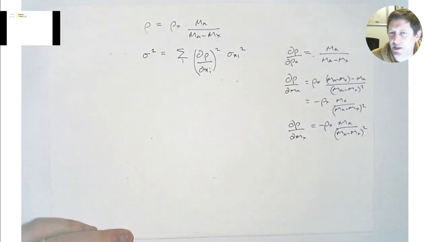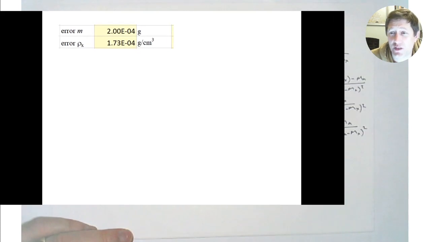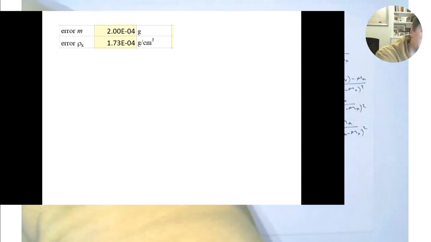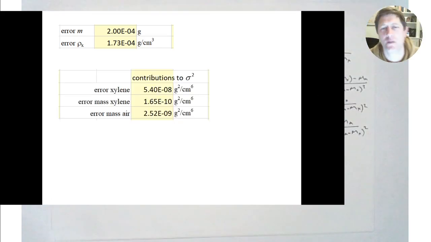So we can calculate it as a whole, but we can also calculate it parameter by parameter, and then we can see which ones are actually causing the biggest errors to get propagated. So that's what I've done here. We've got the contributions to the propagated sigma squared.